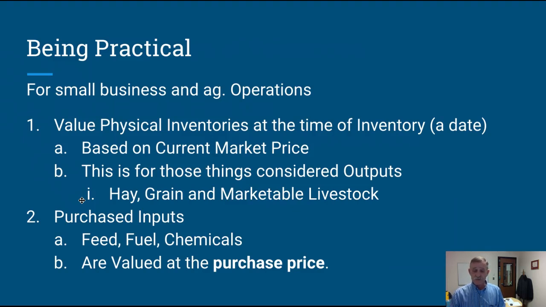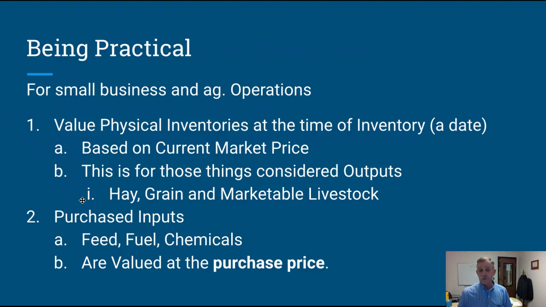The way I would define it is a reasonable price that I could go out into the marketplace and, within a reasonable amount of time, receive for that particular inventory item, whether it's hay, feed, fertilizer, or market livestock that you have on hand. Be a little bit conservative, and then you can be surprised when you value them at market value.